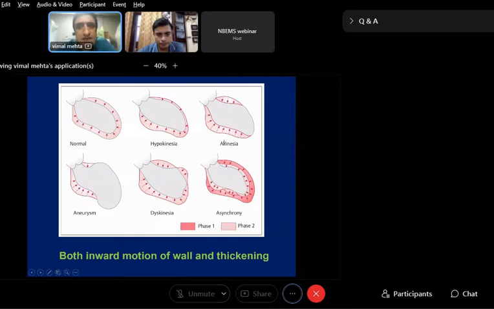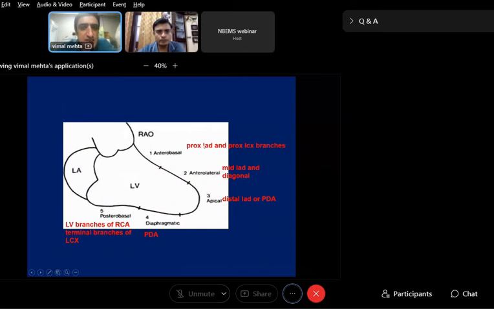So this is akinesia and all that. We'll see it later on. So based on the RAO view and LAO view, you can to some extent tell which artery is likely involved if it is a case of myocardial infarction. For example, over here, this is important because this was asked in our exam.